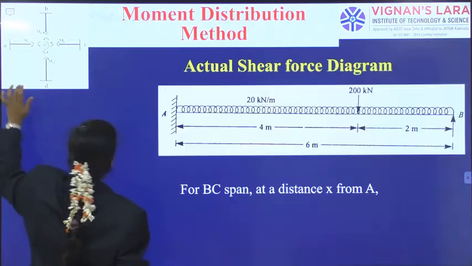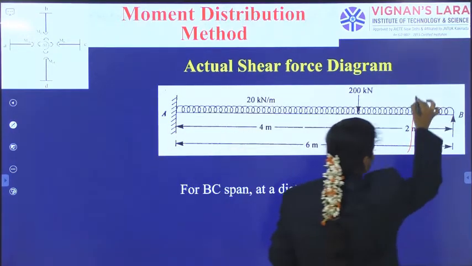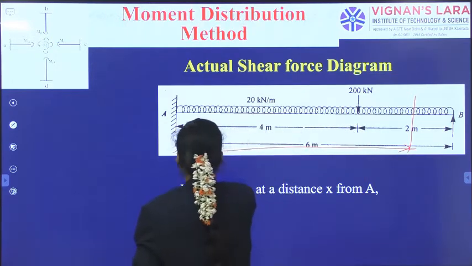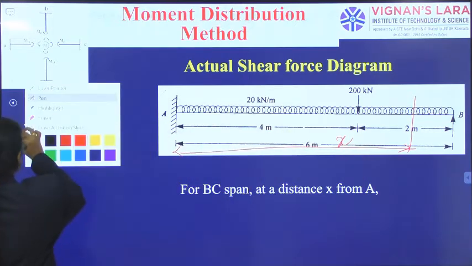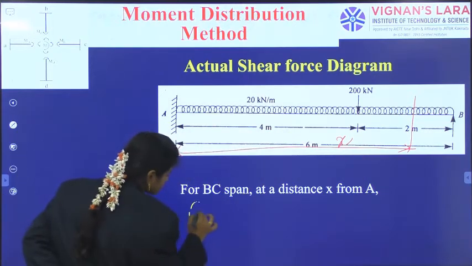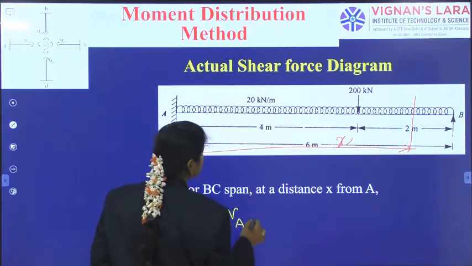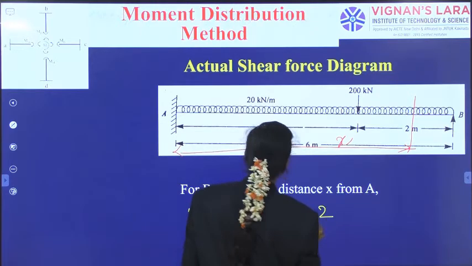Next span. I am considering the next section, which is at a distance x from A. So the corresponding Fx is equal to left side upward Va minus 20x minus 200.